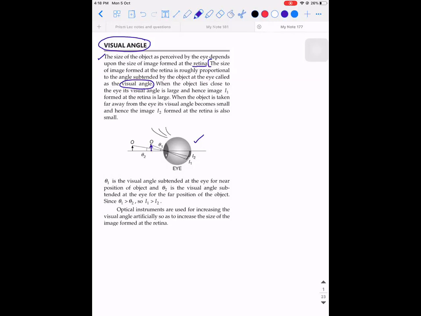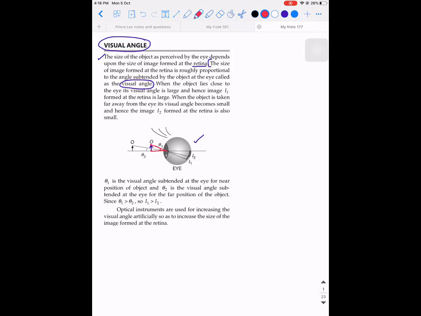When I say viewing the object, it doesn't just mean looking. For example, if you keep your pen close to your eye, I'm talking about the position where you are able to see the complete pen, not only the cap or a part of it. So you are able to find this angle theta 1. That theta 1 is what is called the visual angle.